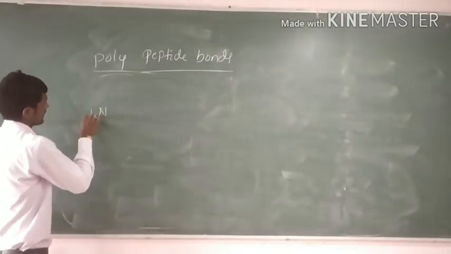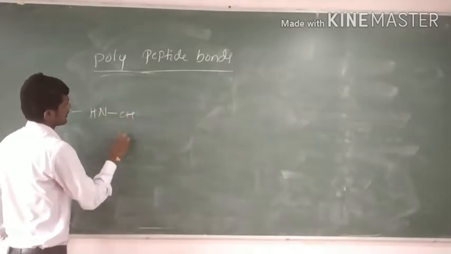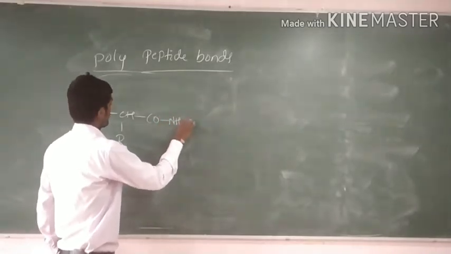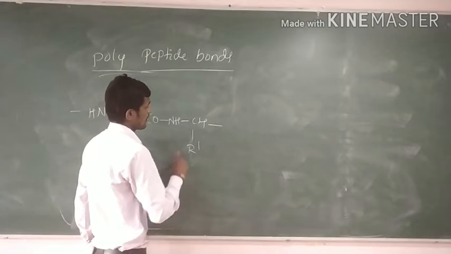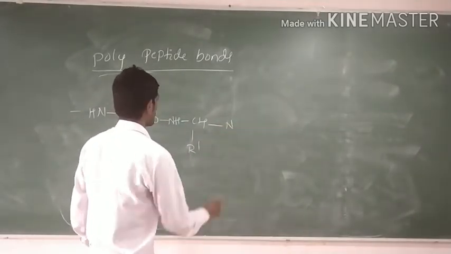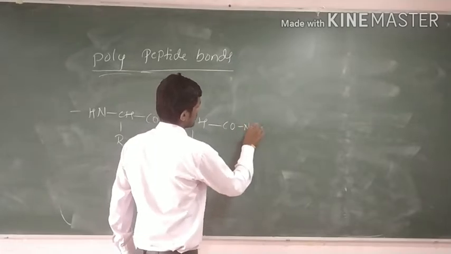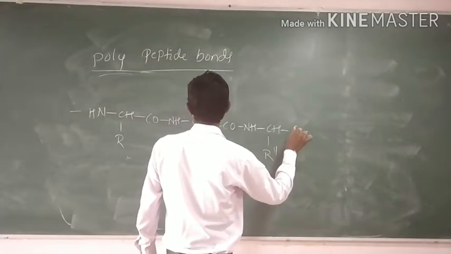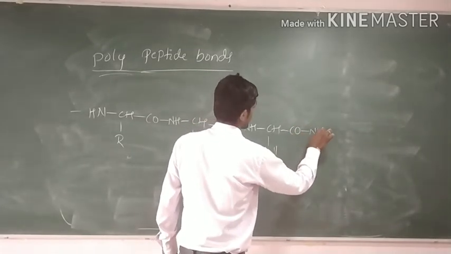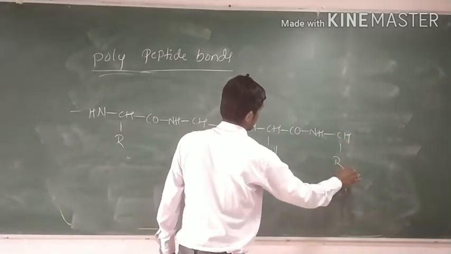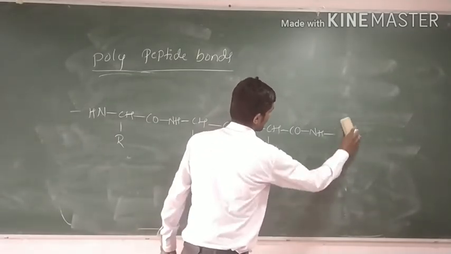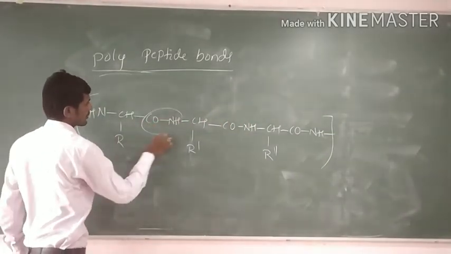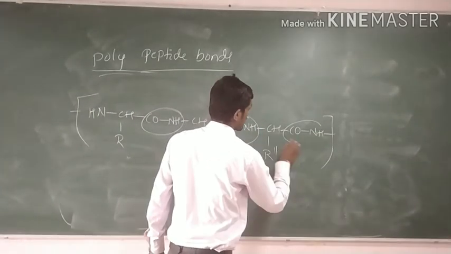At that time, you get the structure like this: NH, CHR, here CO, this NH, and CHR dash, here CO, and NH, CHR double dash, CO, NH, CH, etc. Here one CONH group is present, here also it is present, here also it is present.